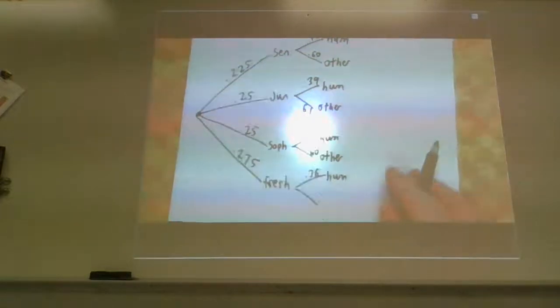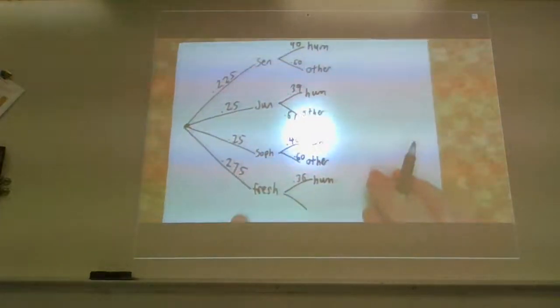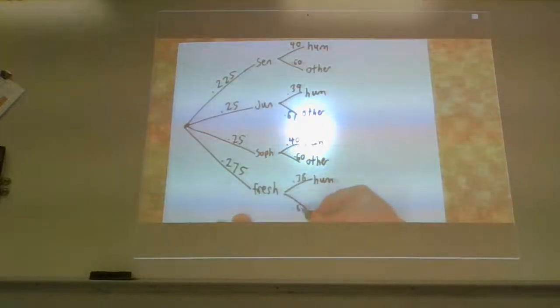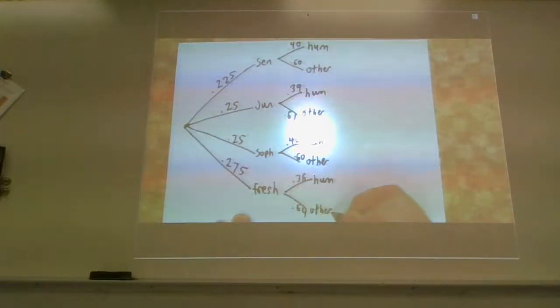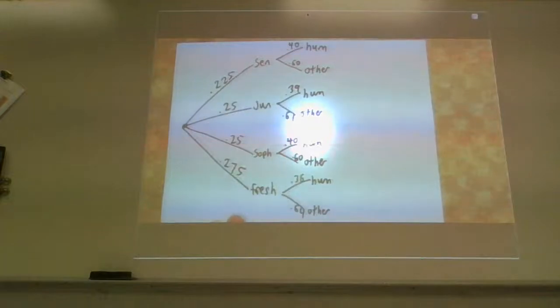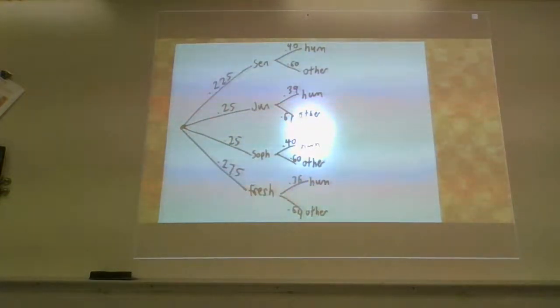I'll zoom out a little. There we go. I know it's a little hard to read at this point. And 64% were other. What the heck is this? This is called the probability tree. And this probability tree is going to be the way we are going to answer this question.